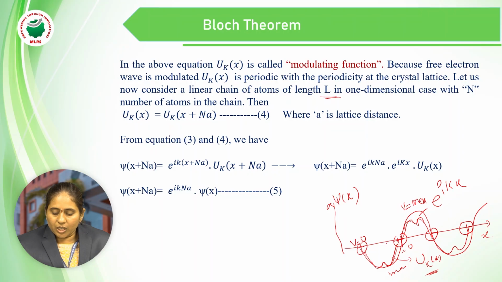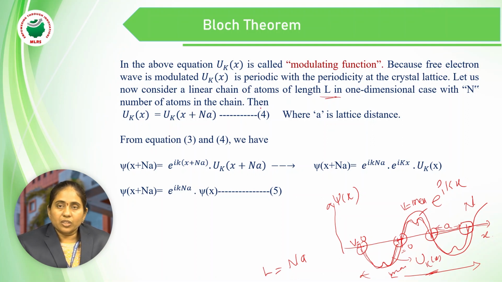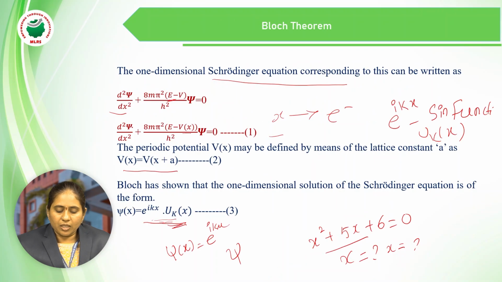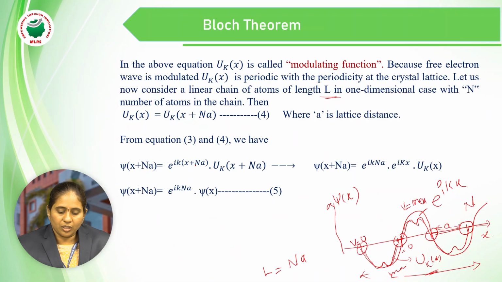So here this is the chain of atoms, the length of the chain is L and the interatomic distance is a. If the number of atoms is n, suppose 1, 2, 3, 4, 5, 6 and so on, then n into a is L. L is the length of the chain of atoms in the one-dimensional case. So the potential is V of x is equal to V of x plus na, a periodic potential.